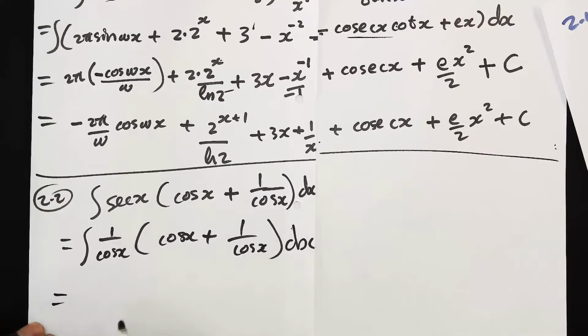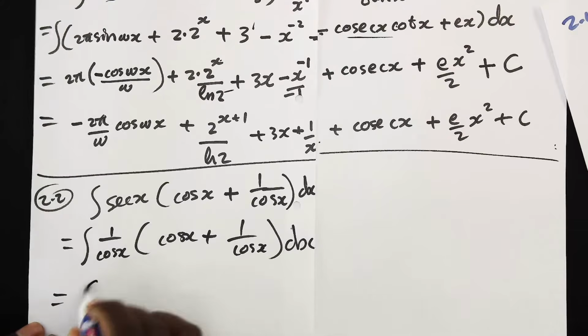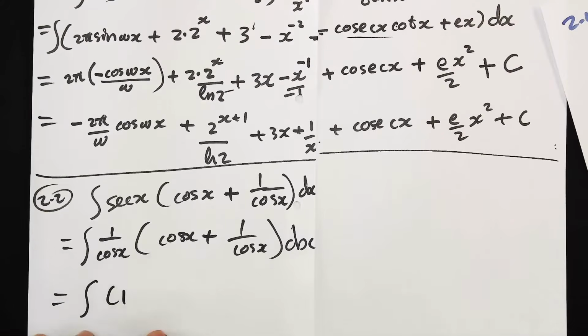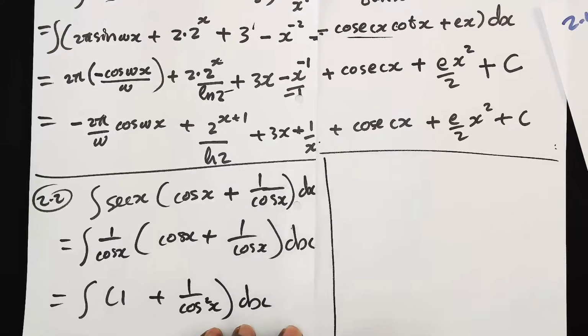So we multiply 1 over cos times cos over 1, we'll have 1, isn't it? And therefore plus 1 over cos times 1 over cos is 1 over cos squared dx. When we do inspection, we see that this term we can integrate, but this one, 1 over cos squared, we don't have that in the formula sheet.